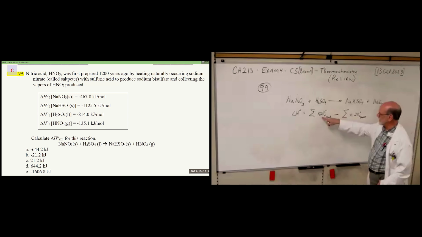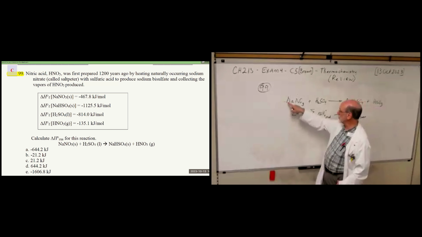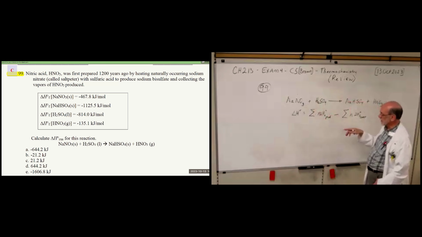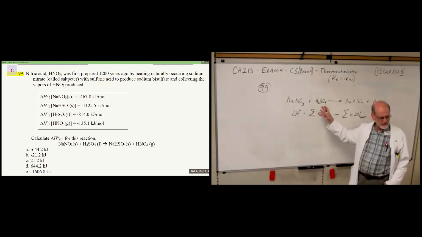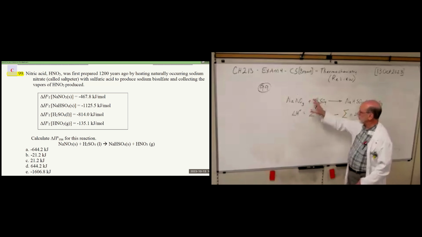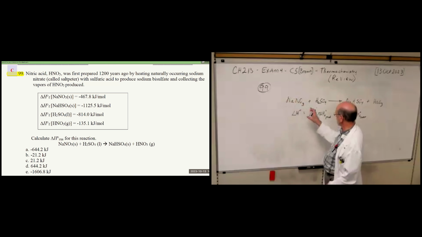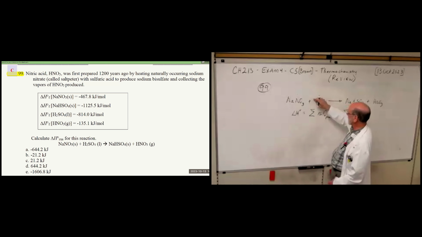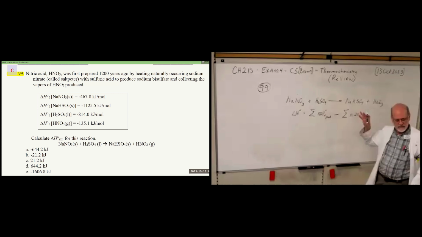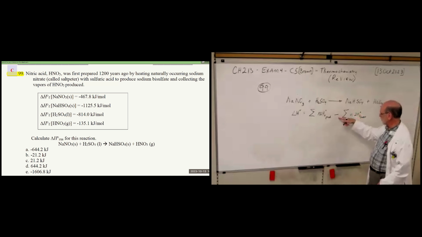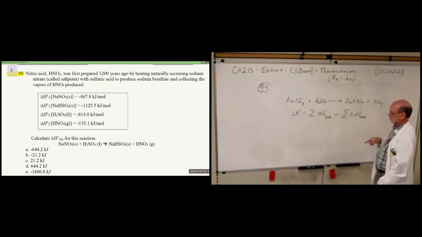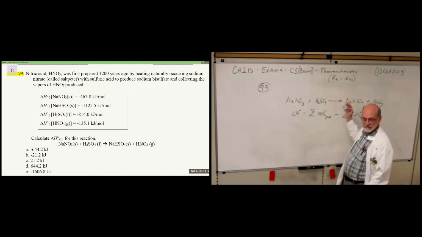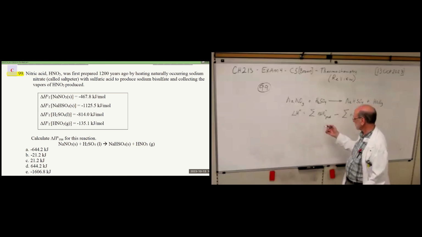Now put that N in there. That N is coefficients. Does everybody know how to do a sum? Right, you know what the sigma means? Okay. So you do each one, like you have a value for this one times its coefficient, then you add together this one times its coefficient, and you subtract these from these. But they're all one, so that makes it a lot easier.